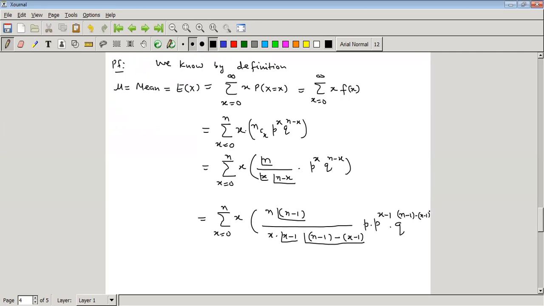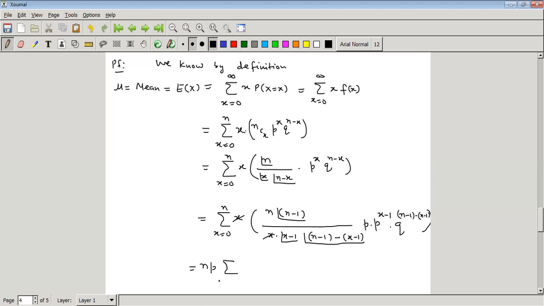And then bracket close. So this x and this x cancel out. We can take this n and this p common, np common.